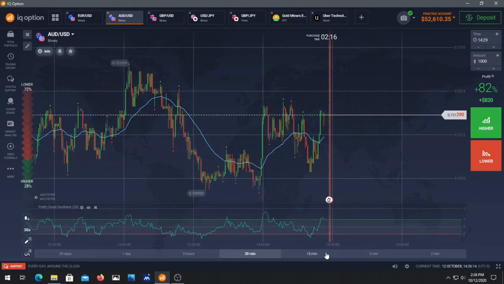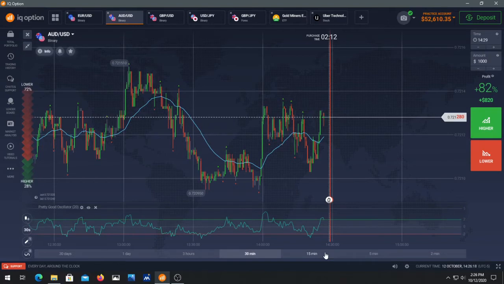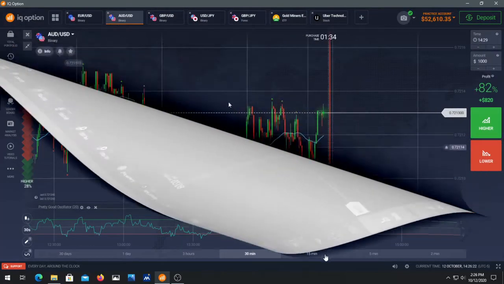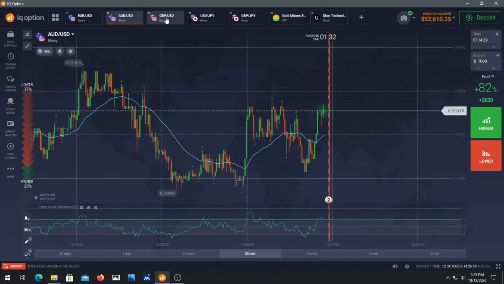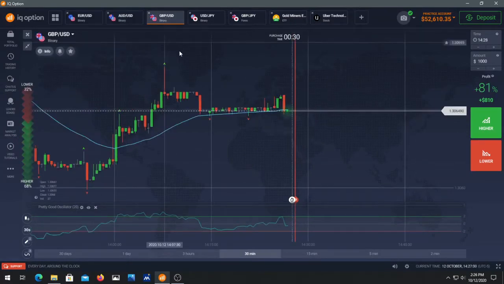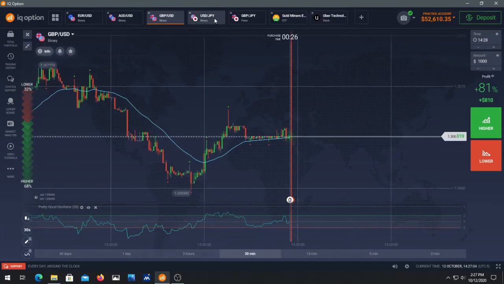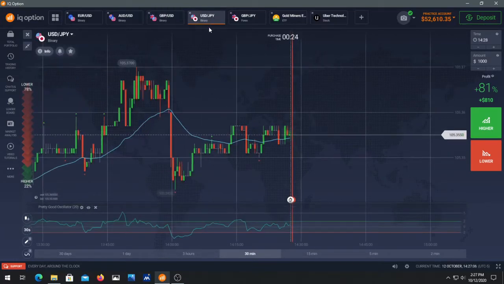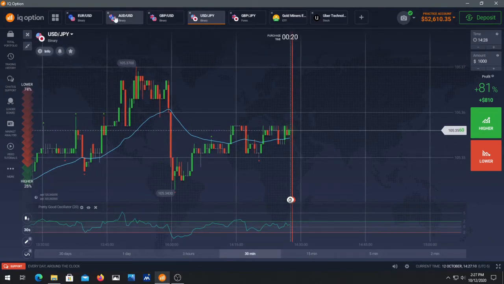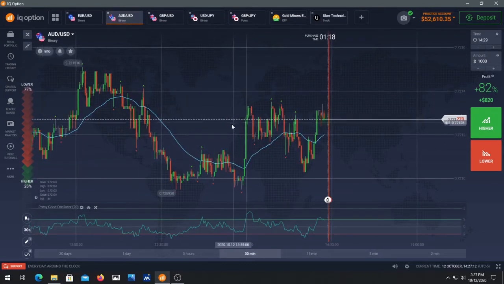The opportunity to place a buy trade has passed, so I'm not going to go into that. Alright, so let's look at another pair, see if we see another setup. Well, it's not giving us anything there at the moment. Let's look at this pair. This is not giving us anything either, so let's go back up here and see if we see anything.